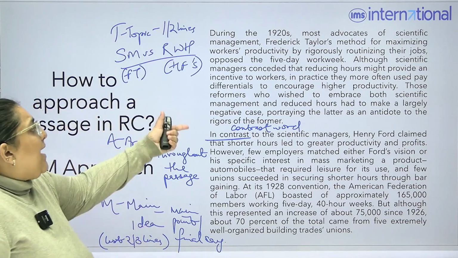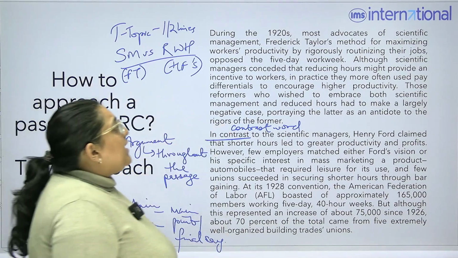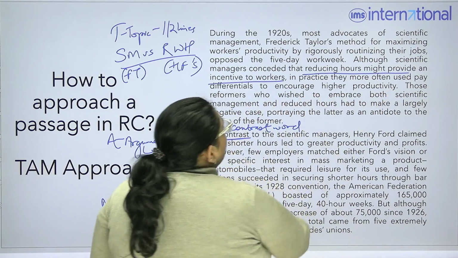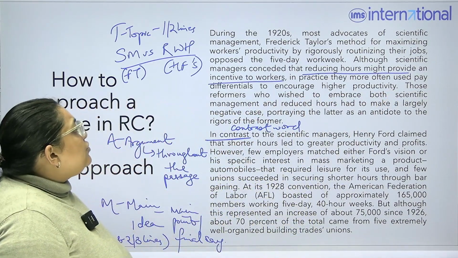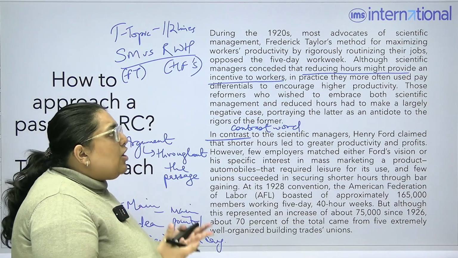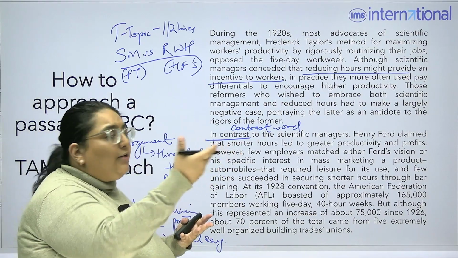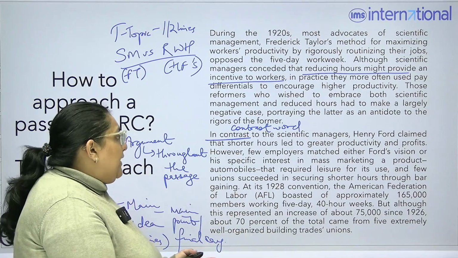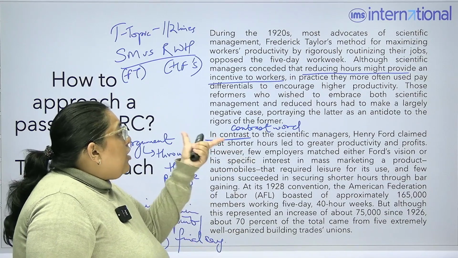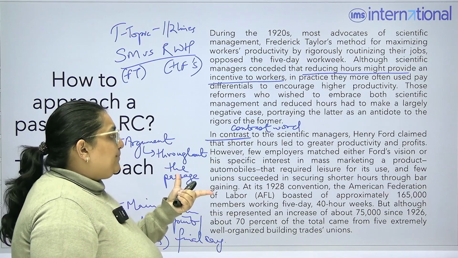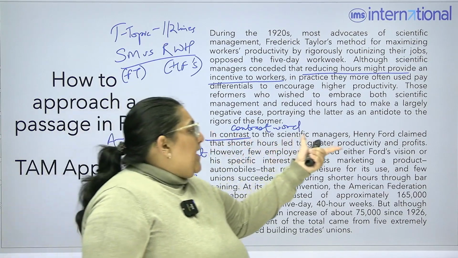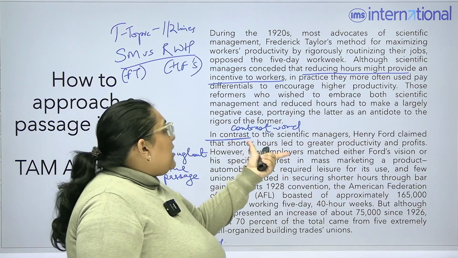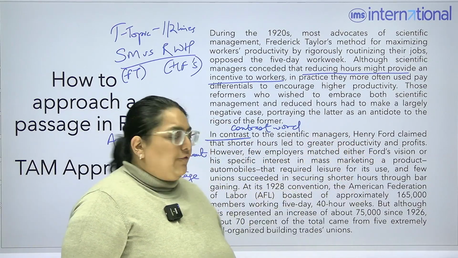So, scientific managers did give in to the idea that reducing hours might provide an incentive to the workers, but they still often used higher pay to encourage productivity. In contrast to them, Henry Ford, another theorist here, claimed that shorter hours led to greater productivity and profits.